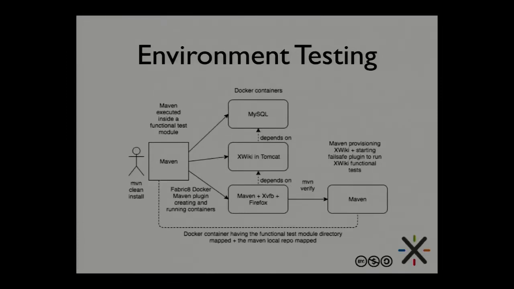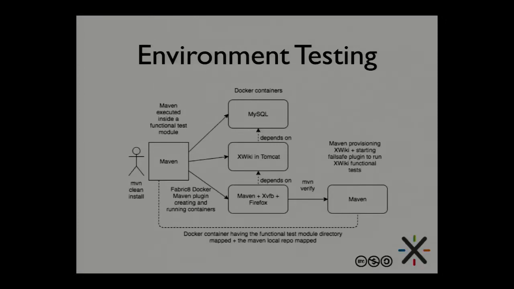The way to do that is, for those who have used Docker, we map the directory inside that container to the current directory on the host file system, so that it can see the Maven build, all the POMs and all the tests. They are visible from the container. And we run Maven.